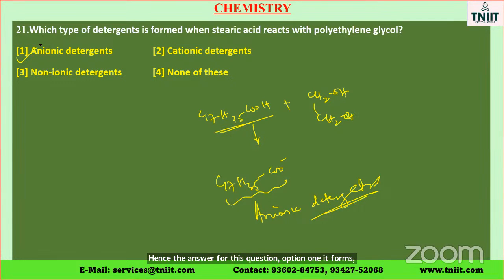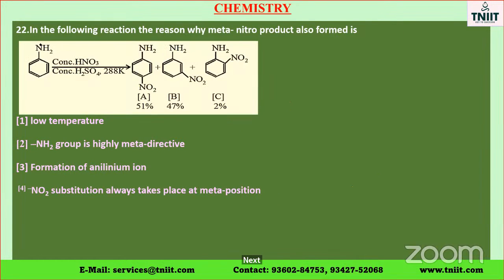In the following reaction, what is the reason why the meta-nitro product is also formed? Now, we all know that electron donating groups are ortho-para directing groups. So this NH2 is an electron donating group.